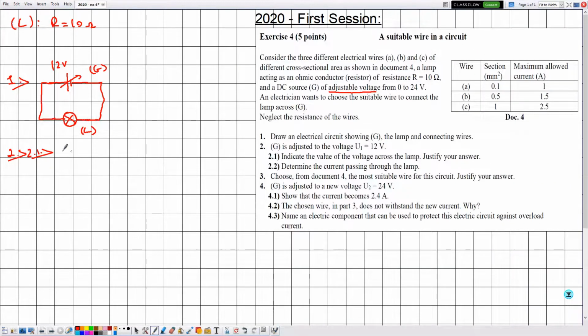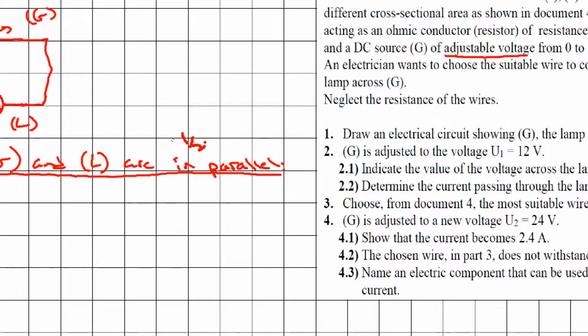Then let me say G and L are in parallel. We need to mention the grouping. They usually give it half a mark.